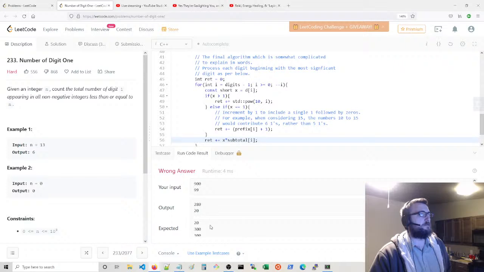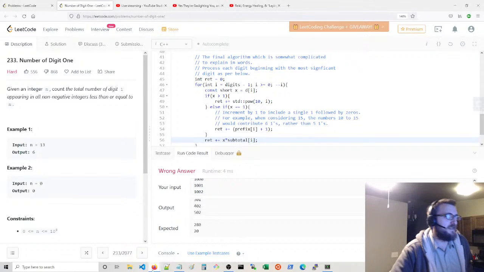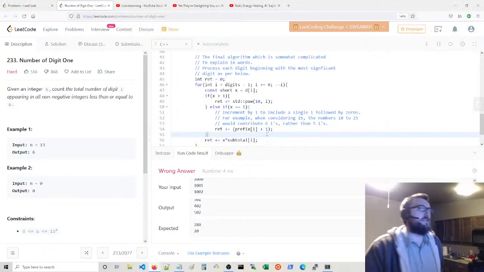Okay, it's better. So we get, 0 to 99 is 20, 1,000 gives you 300, 1,001 gives you 301, 1,002, and 1,001. Okay. 1,002 and 1,001 are not quite right.